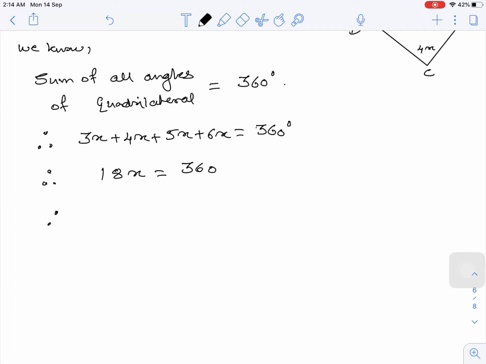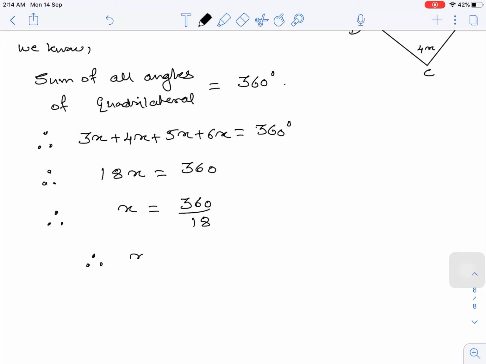Therefore, we'll keep x here and 18 on the other side. 18 is multiplying here, so if it goes to the other side, it will divide. In the next step you will get x equals 360 upon 18.